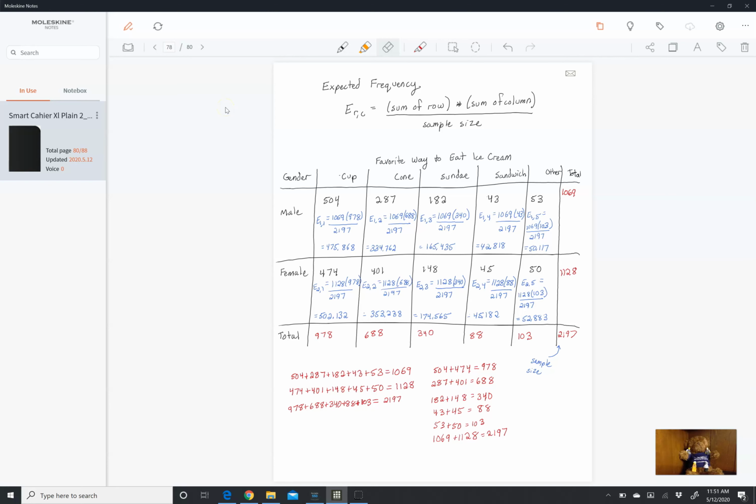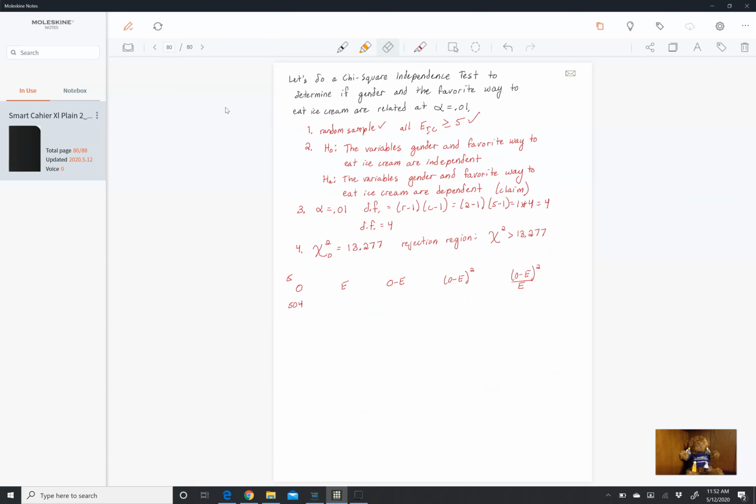This means 504 gets paired with 475.868. Then we had 287. The expected frequency, I'm going down the rows, was 334.762.